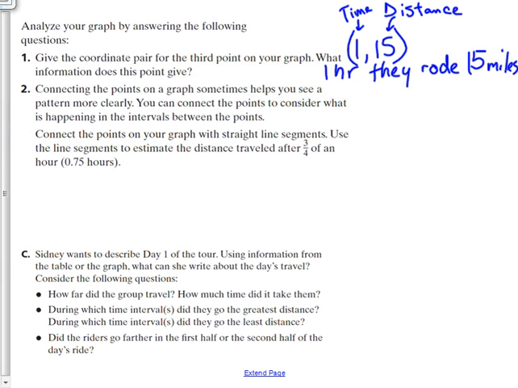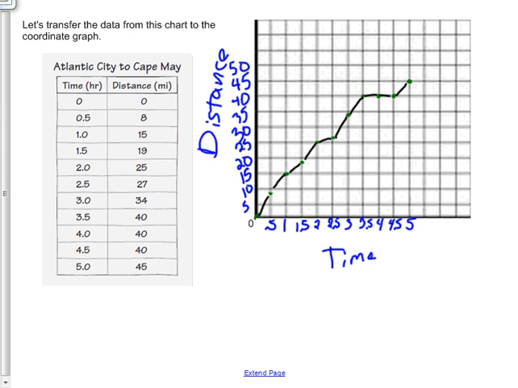All right, next one. Connecting points on a graph sometimes helps you see a pattern more clearly. You can connect the points to consider what is happening on the intervals. Connect the points in your graph with the straight line segments. We did this already. But use the line segments to estimate the distance traveled at 3/4 of an hour, or 0.75. So if I was looking for 0.75, 0.75 is going to be right in between here, 0.5 and 1.